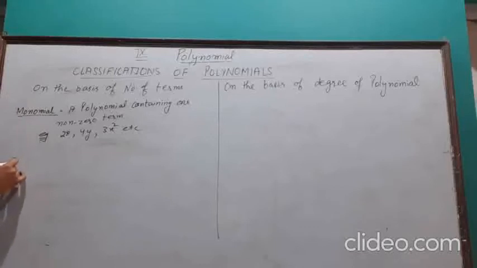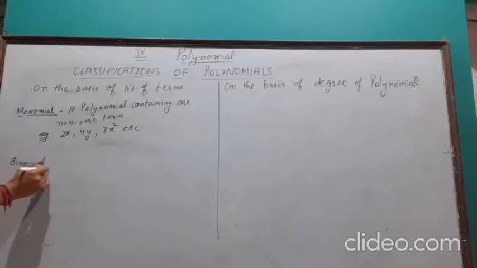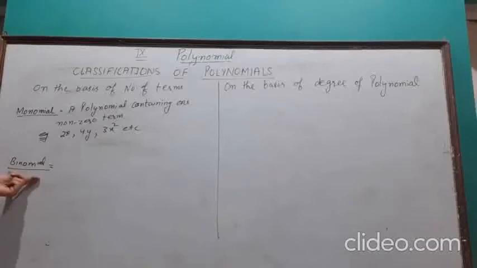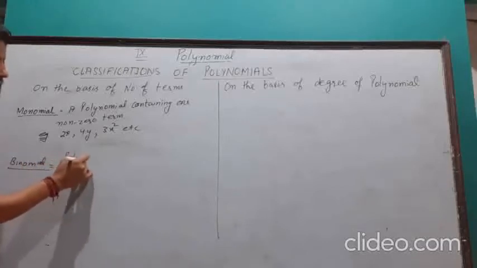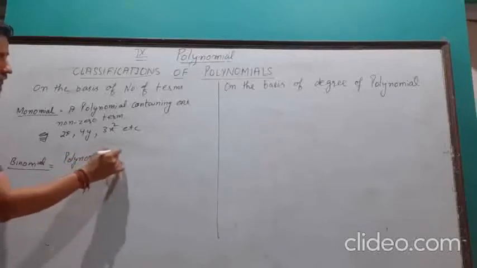Second is binomials. As we know, bi means 2, and binomial means a polynomial containing two non-zero terms.